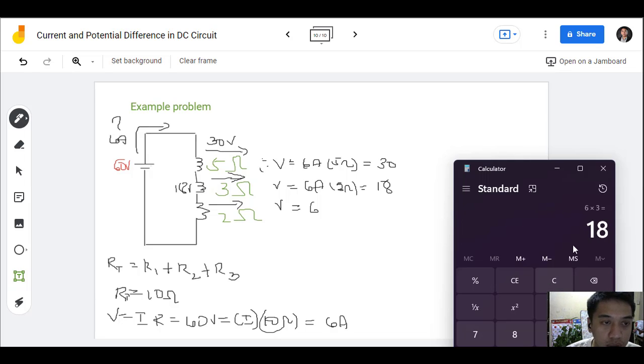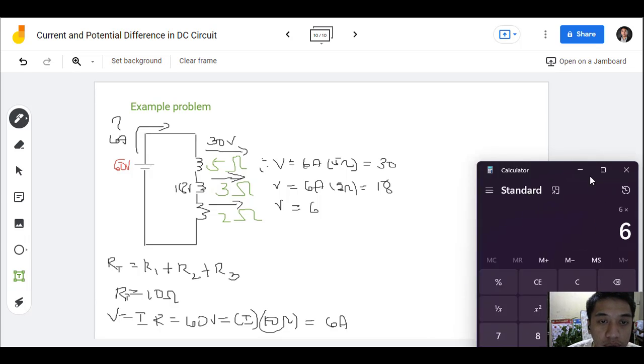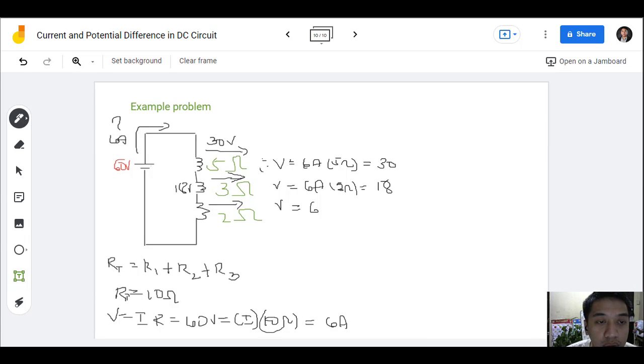Six. So it's 18. So, yung next natin is 6 times 2 is 12, no? Is 12.